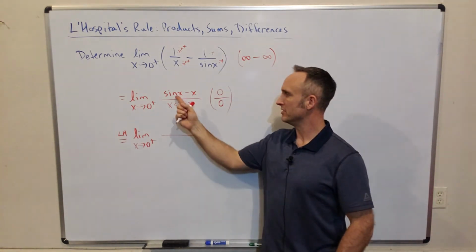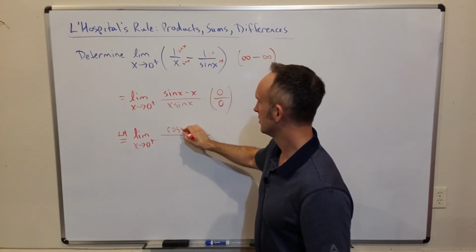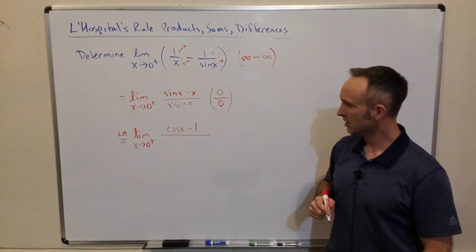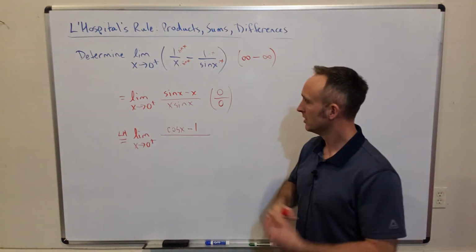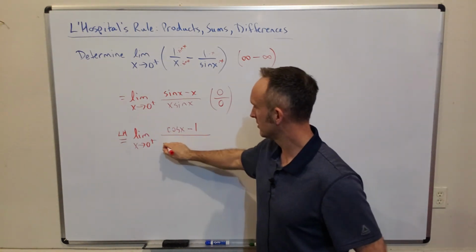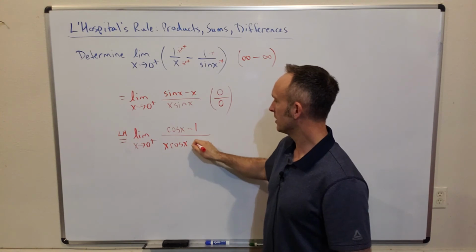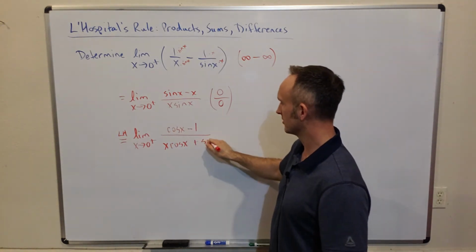So on top I have a difference. The derivative of sine x is cosine x, minus the derivative of x is 1. On the bottom I have a product. I have to use the product rule. So I'll take the first function, x, times the derivative of sine, which is cosine x, plus the derivative of x, which is 1, times sine x.